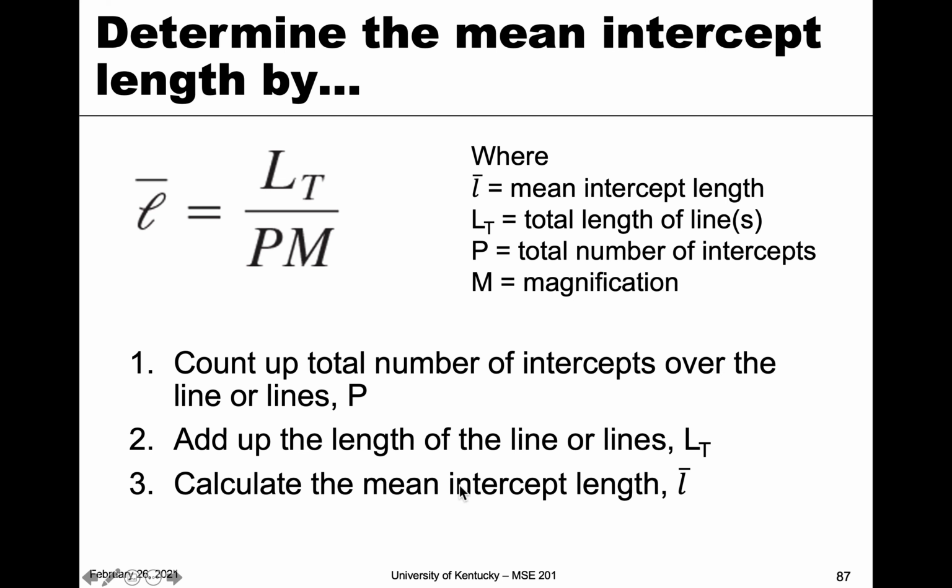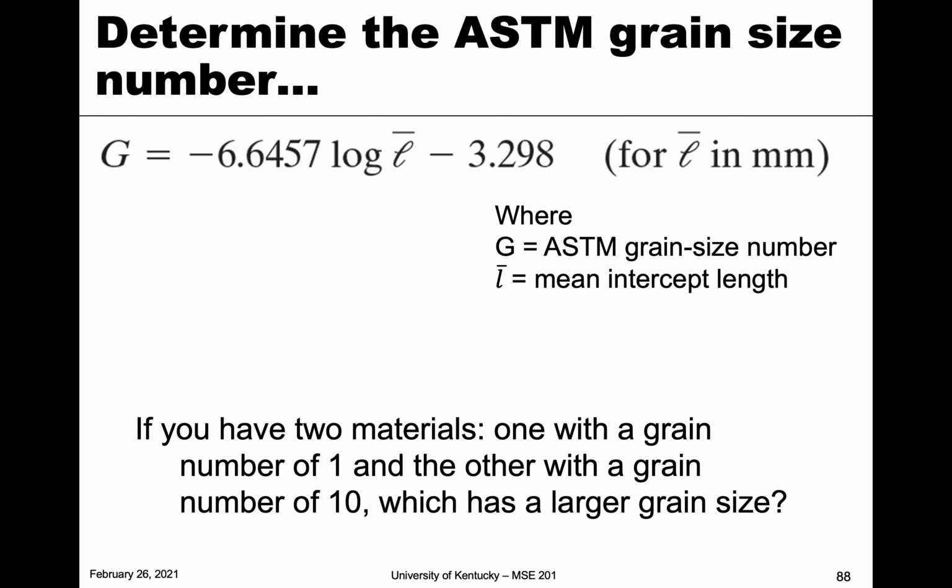What we do from there is that the ASTM, which is an organization that makes standards for materials, has come up with what we call a grain size number. This number is representative of how large or small the material is.